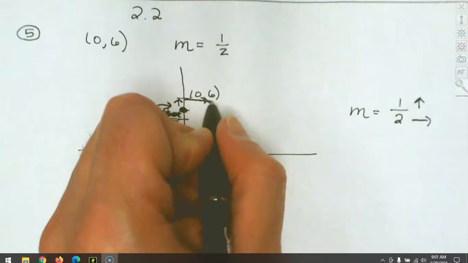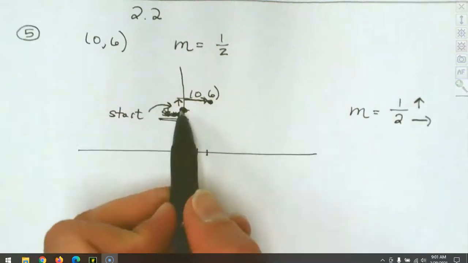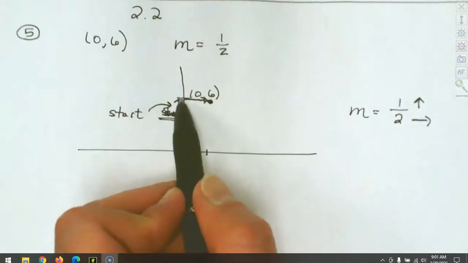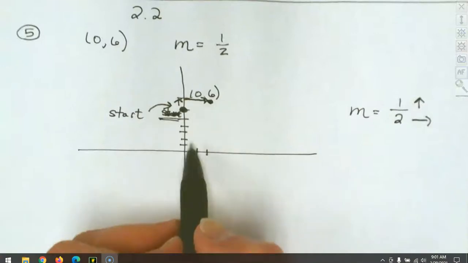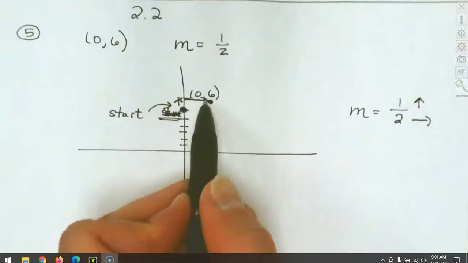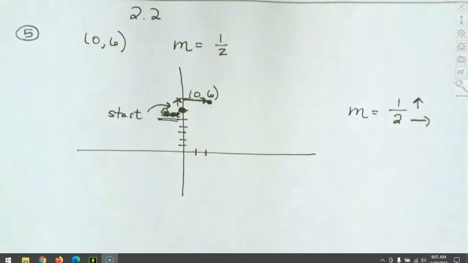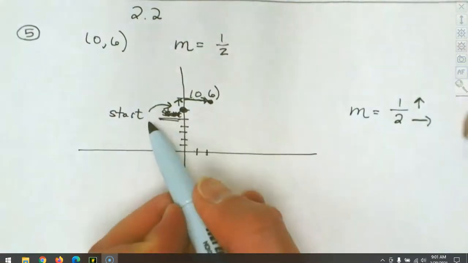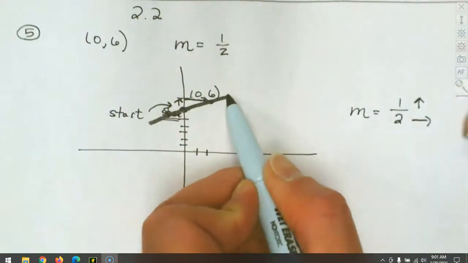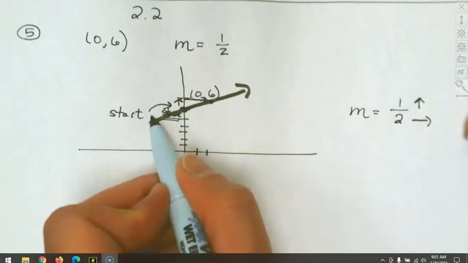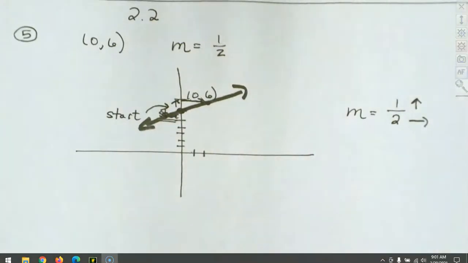And we're going to make a new dot. So we went up 1, because that's our rise, and then over 1, 2. We made our new dot, and now we can just connect these together. And there is our graph.